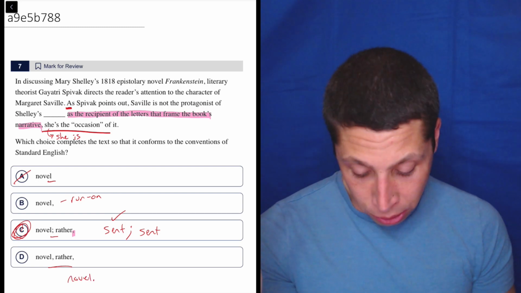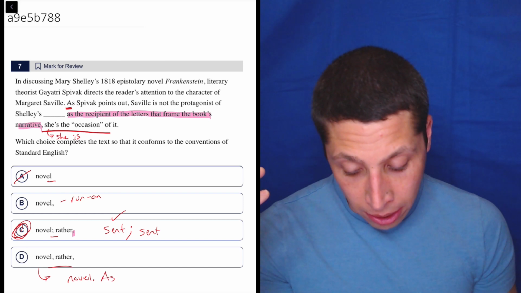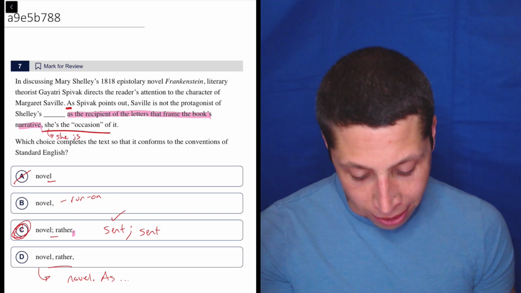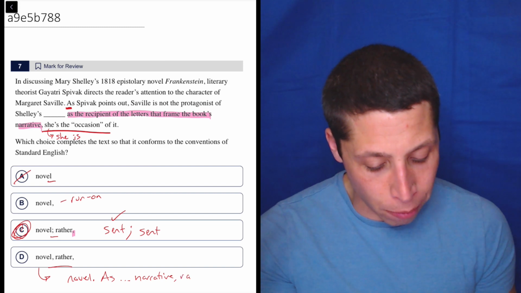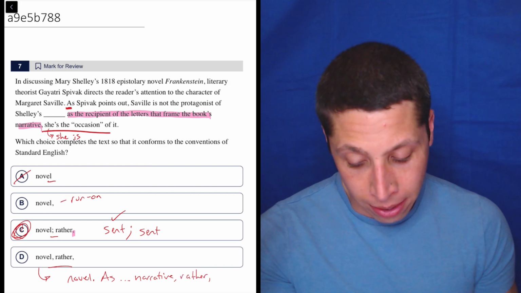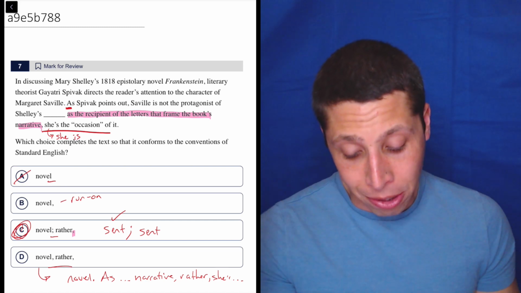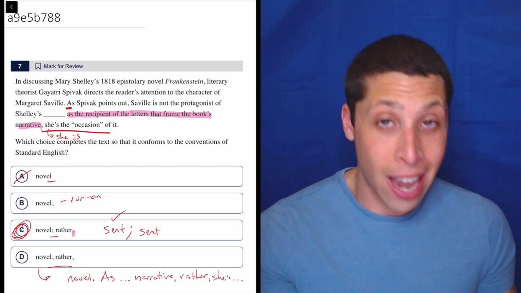Then if I wanted to use choice D, I would start it again with as. So, as the recipient of the letters that frame the book's narrative, and then before I got into the main sentence, I would throw the rather in there, and then she's the occasion of it. So let me read the whole thing. As the recipient of the letters that frame the book's narrative, rather, she's the occasion of it.